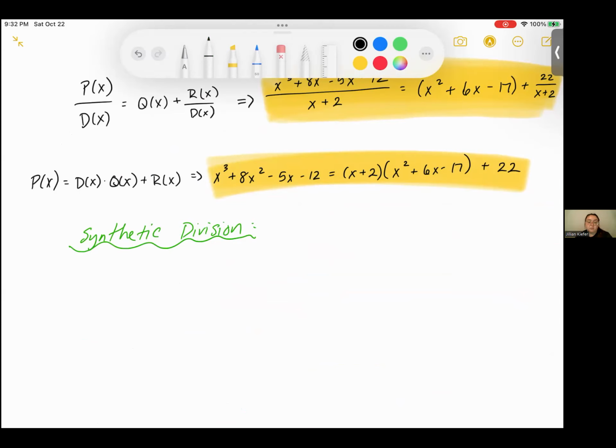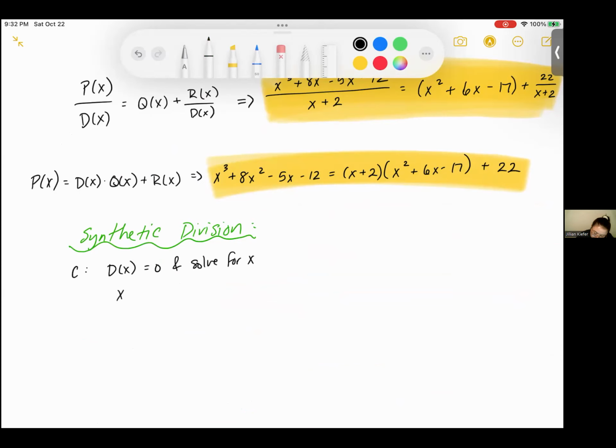Remember, that's how we do synthetic division. And when we do it, we want to find this value of c. Your value of c would be your divisor set equal to 0 and solve for x. So in order to find c, we would take our divisor, D of x, set equal to 0, solve for x.